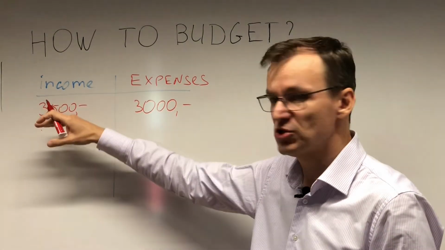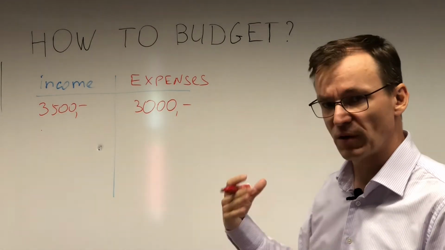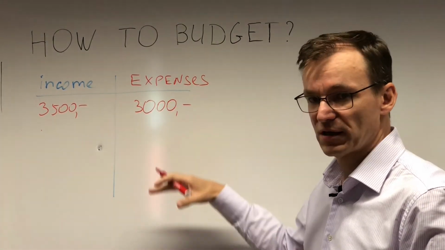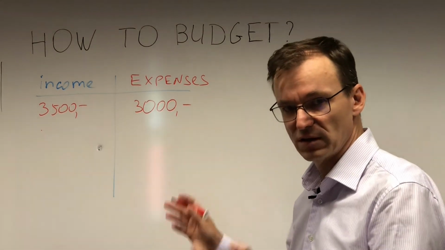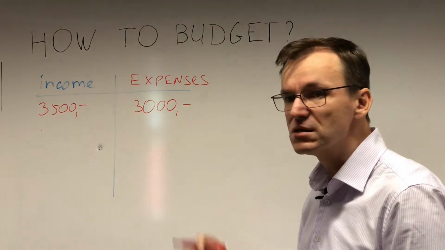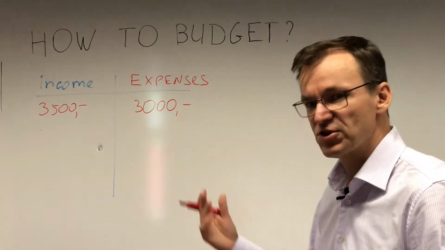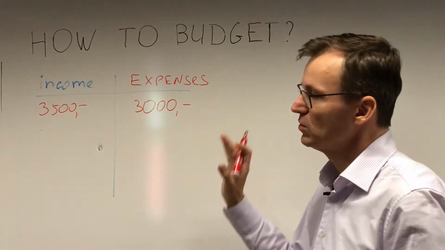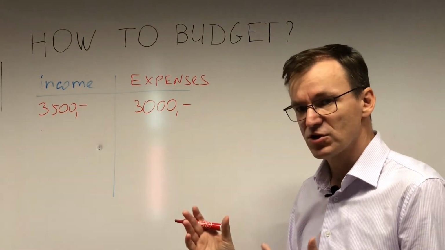There may be just one line, one source of income, maybe two, maybe three, but here you have tens, like 20, 30, 40 different lines or transactions per month. So it's more difficult to make an average.